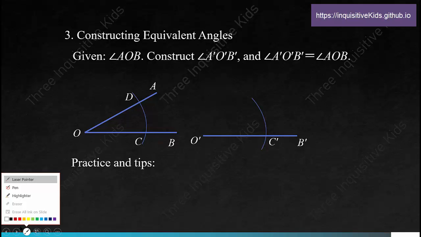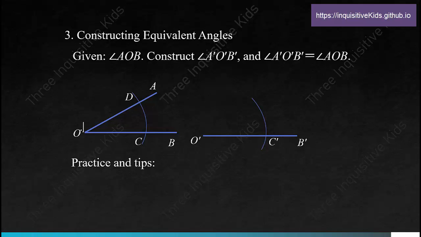No matter how long the length is, as long as this length is equal to this length, so these two lengths are equal, we make another arc on line segment O prime B prime.